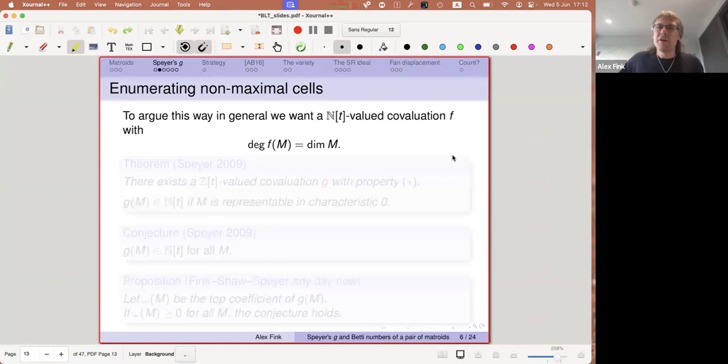Okay, so to do some argument like that in general, maybe one way you could set it up is to say, oh, we'll have a polynomial, and the degree of the indeterminate t in the polynomial will do the argument like this for the cells of that dimension. So this polynomial will be a polynomial encoding of the f-vector, a polynomial bound on the f-vector.